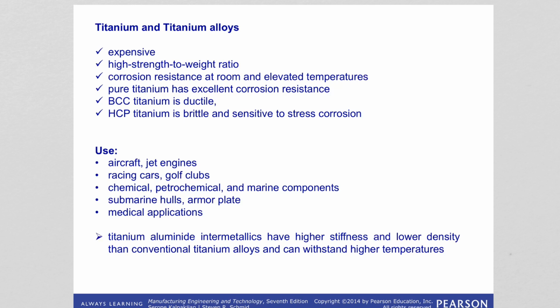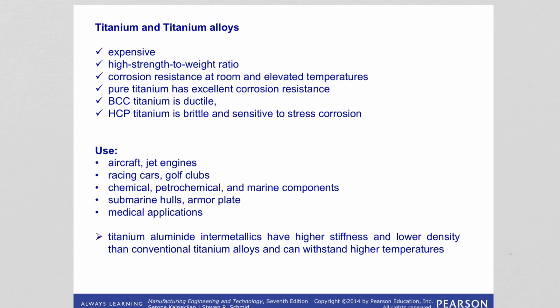Alloying elements are very important. With alloying elements, we can control workability, machinability, strength, and hardenability of the titanium alloys. Usually the alloying elements are aluminum, molybdenum, manganese. Of course, depending on the alloying elements and heat treatments, we have different properties that can be obtained from these titanium alloys.